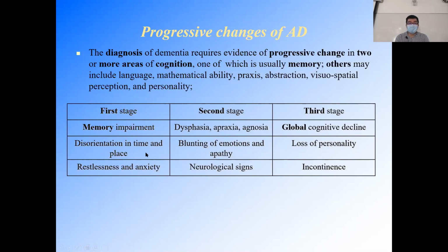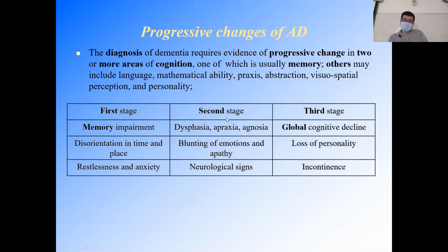Those are cases where you see disorientation in time and place as well. Then restlessness and anxiety, which may be secondary because he cannot remember things, so he becomes anxious. At some point, people will start to see whether the patient needs to go to see the doctor.